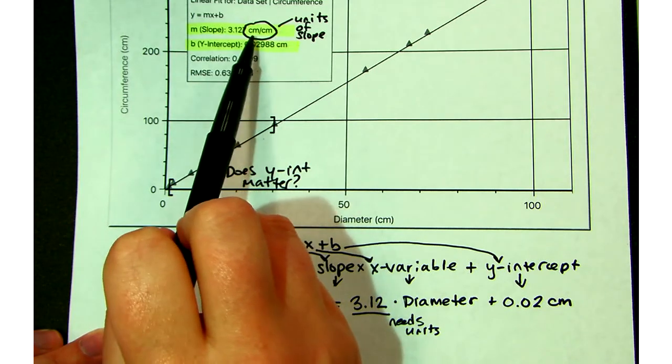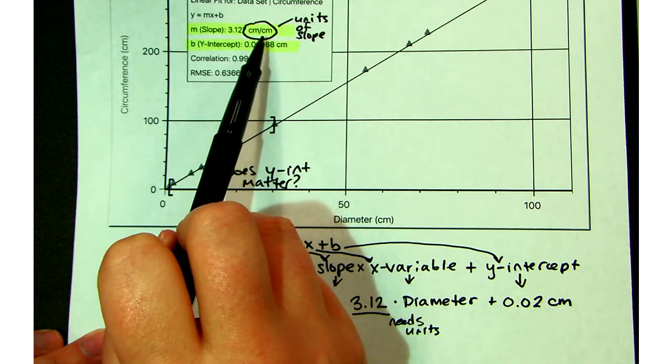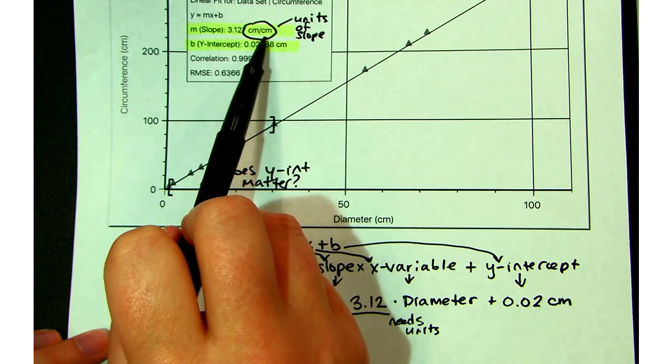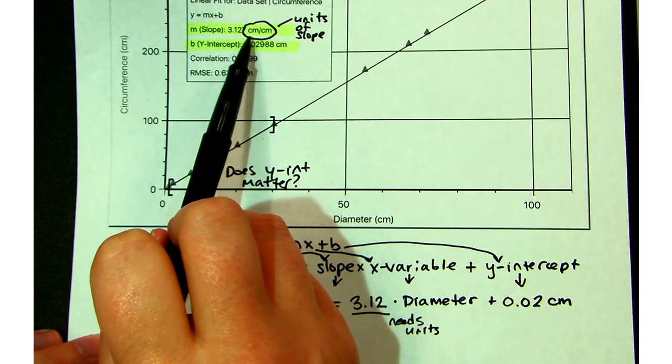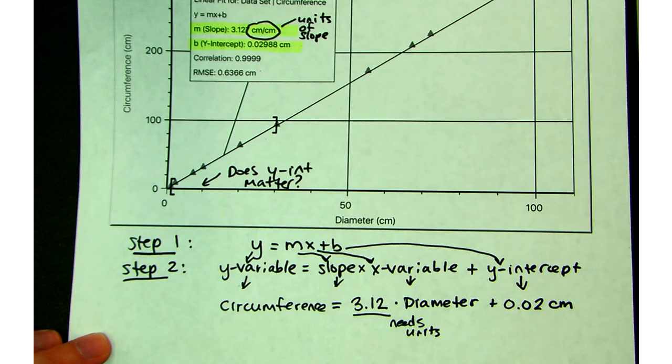Well, if in chemistry you learned how to cancel out units like this, if I have centimeters divided by centimeters, those both go away. It actually means I have no unit for this. So when I wrote this in 3.12, I actually meant it. But if your slope had something like meters over seconds, you would write in what the unit is. It's just that this one happens to be in centimeters per centimeter, or no units at all.